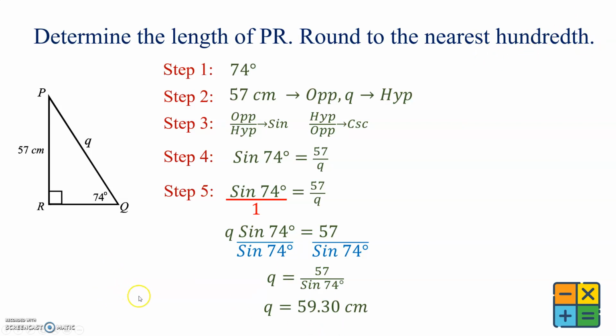We have our answer. But let's look back at how to be able to avoid all the work we did in creating the proportion. The original equation was sine 74 equals 57 over Q. The predicament was we had the Q in the denominator. But when we compare it to what we ended with after doing all the work, it looks like just the Q and the 74 simply switched places.